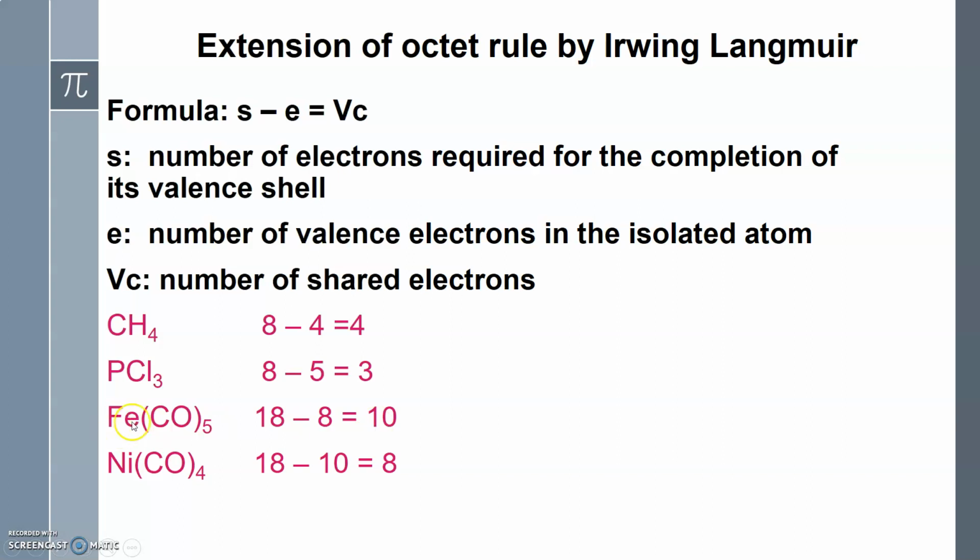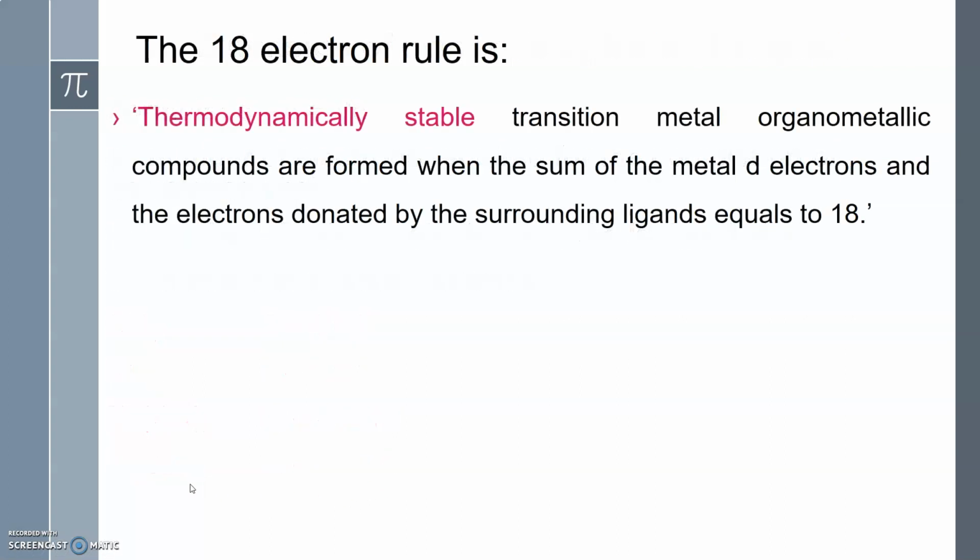These 10 electrons are obtained from the 5 carbonyl groups. Similarly, the number of electrons required for nickel to get 18 electrons is 8, and these 8 electrons are obtained through 4 carbonyl groups.